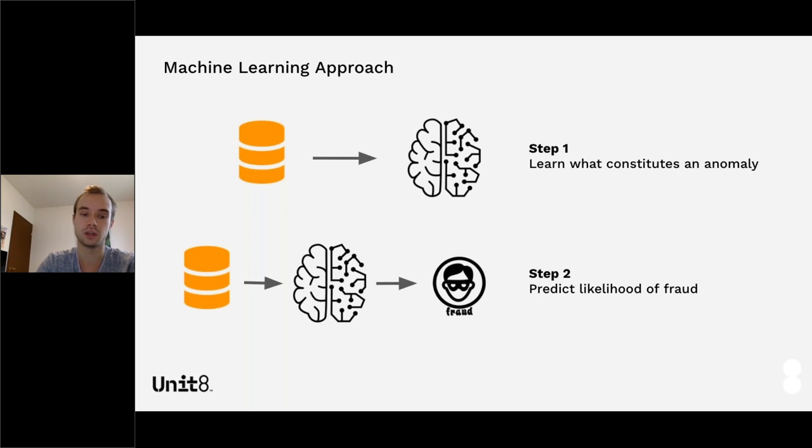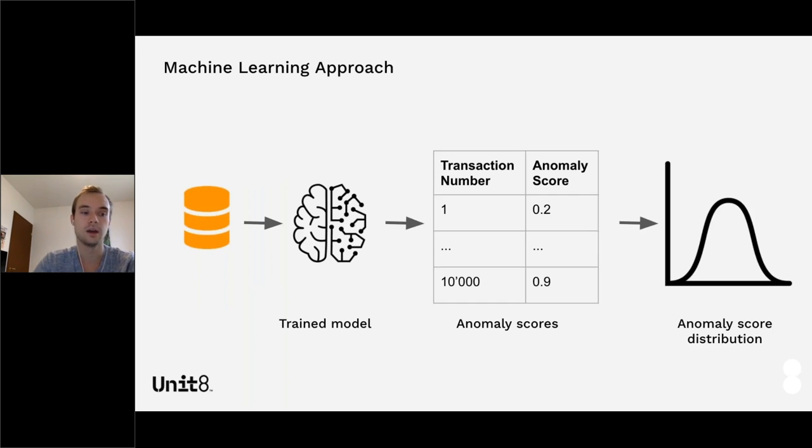But we can actually take this fact to our advantage. If we build a machine learning model that returns a continuous value as a kind of anomaly score that reflects the model's certainty about how likely a transaction is to be an anomaly, we can choose ourselves how wide we want to cast our net when looking for possible anomalies. Let me quickly elaborate on this point. The output of our model will be a mapping from every transaction to a certain anomaly score, as can be seen in the tables.